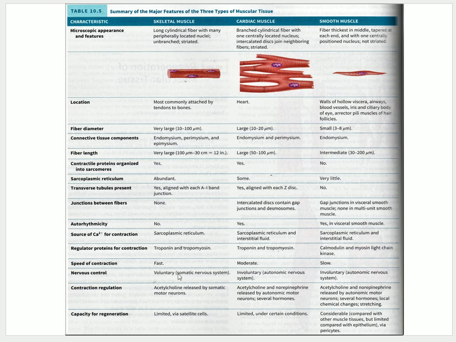So with skeletal muscle, it is very voluntary. That's our somatic nervous system. Whereas the other two are involuntary. They are our autonomic nervous systems. And then contractile regulation. It's going to be the same in cardiac and smooth muscle, but it's going to be different in skeletal muscle.